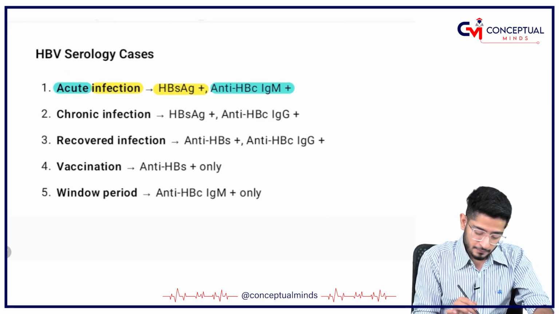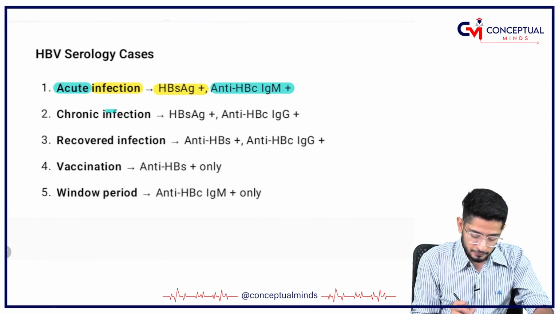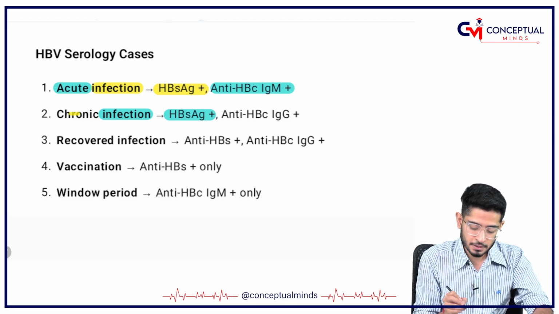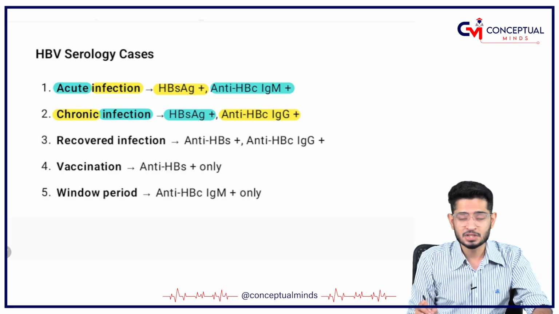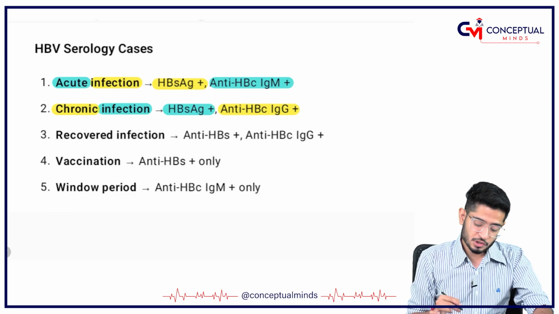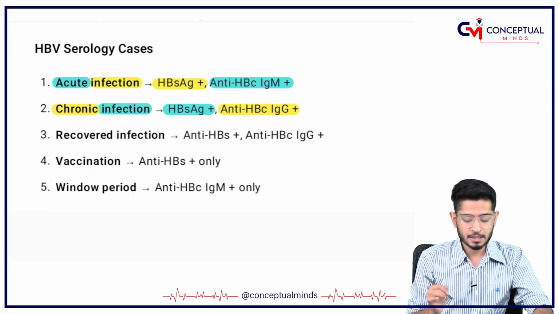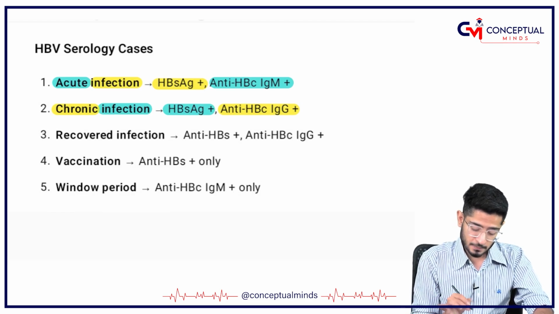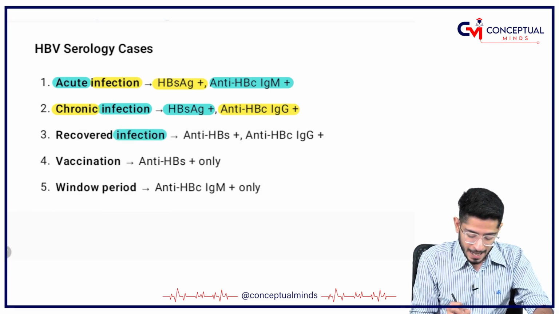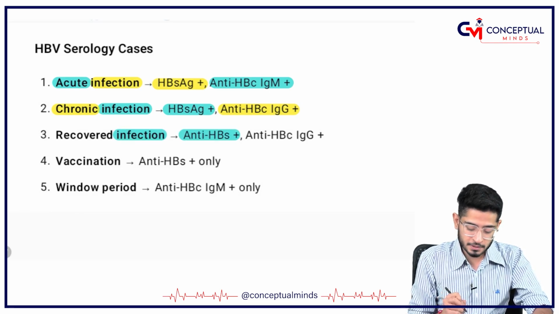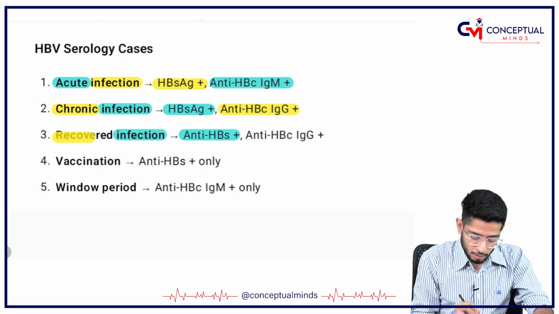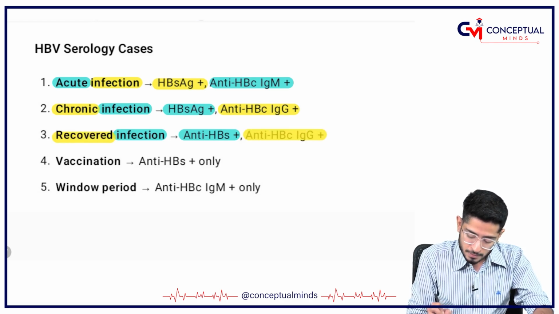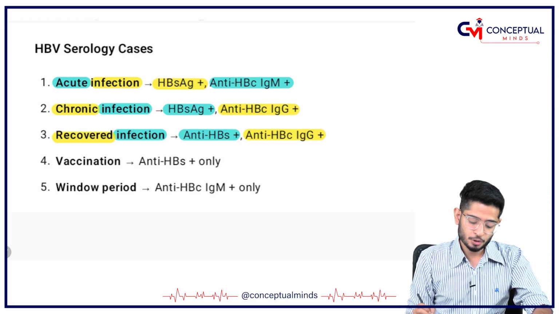Similarly, for chronic infection, in order to see if there is infection or not, we should have HBs antigen positive. But in order to have it chronic, anti-HBc IgG should be present. Okay. Then next thing which we can discuss is recovered infection. So whenever recovered infection is coming, anti-HBs should be positive, but because you are talking of recovery, then anti-HBc IgG should be present.